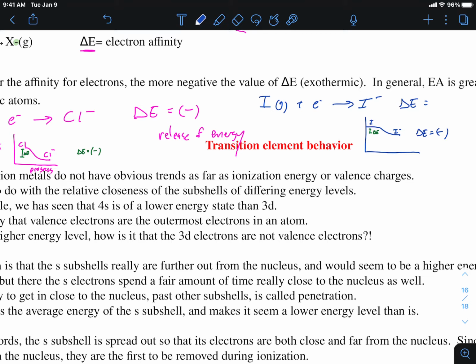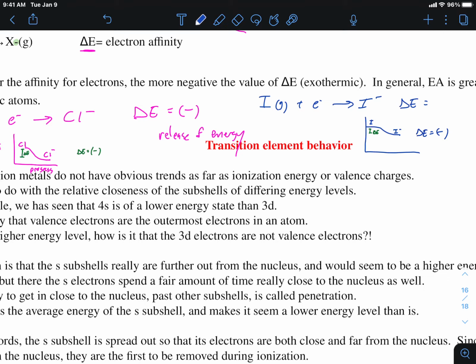Now, what is happening here? When the bond forms between chlorine and an electron, right, that amount of energy is significant. But when a bond forms between iodine and electron, you do release energy, but it's just not as much. Any thoughts as to why there would be a difference? Ron, what do you think? Well, iodine has more energy levels than chlorine. Yes, it does. More energy levels, yep.